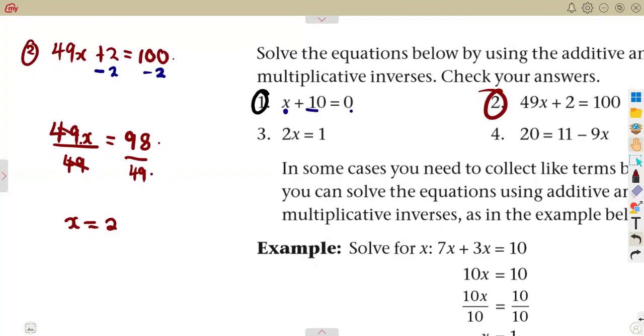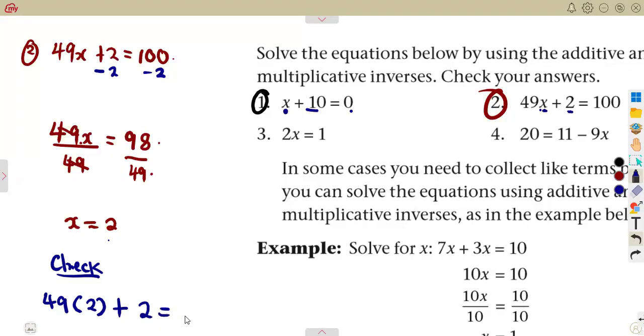Then you can even prove, that is to check. Let's check this out. If we check this, in place of x, we are going to substitute a 2. 49x means 49 times. So that is 49 times 2, which means you can even put in a bracket like this. Our x is 2. So that is 49 times 2 plus 2.